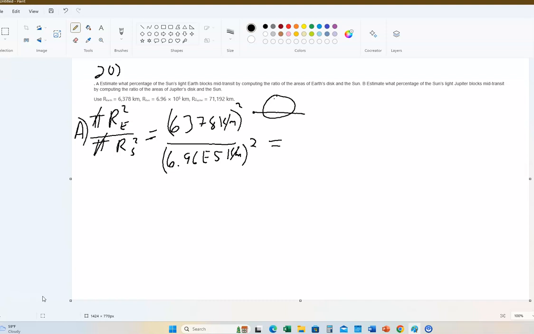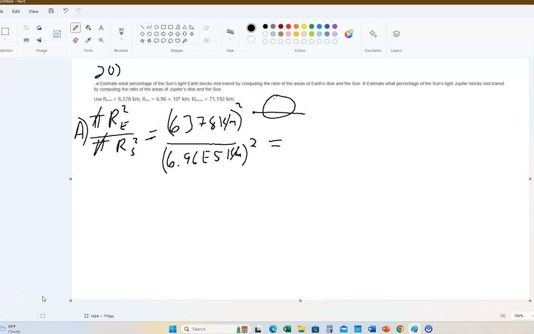If I'm going to square the numerator first, then I divide by the denominator squared.